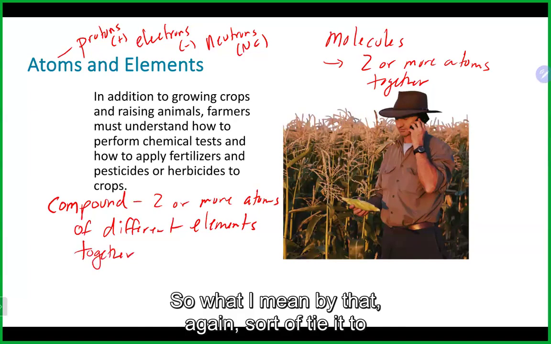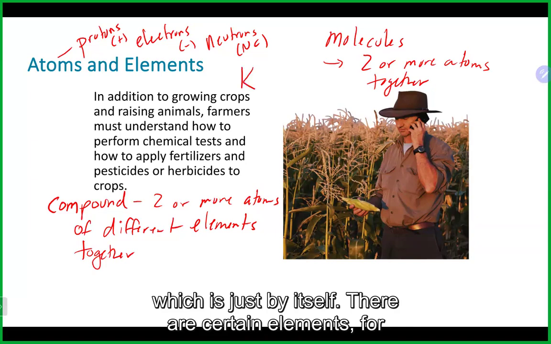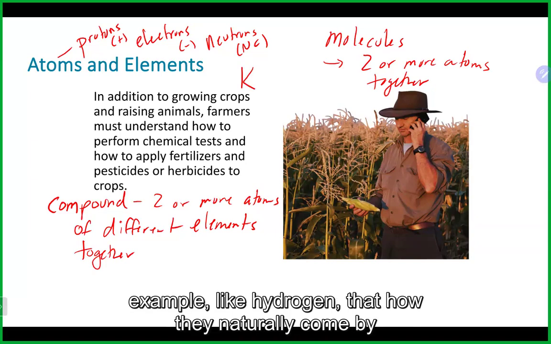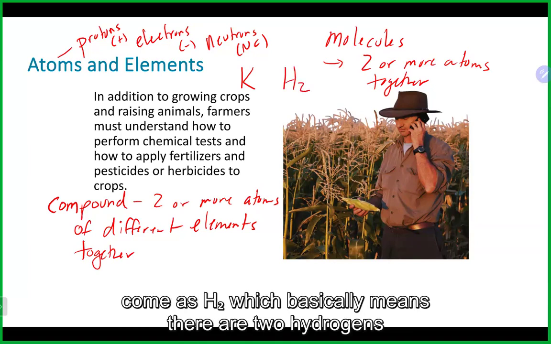So what I mean by that, again, let's tie it to elements. We could have elements like K, which is potassium, which is just by itself. There are certain elements, for example hydrogen, that naturally come as H2 when they are uncombined with anything else, which means there are 2 hydrogens together.